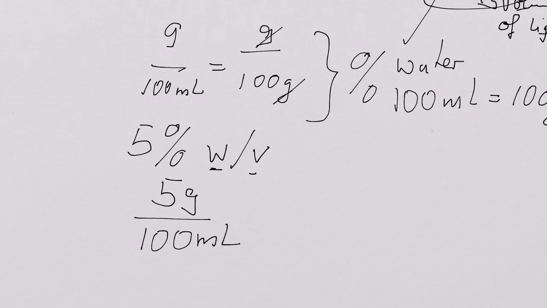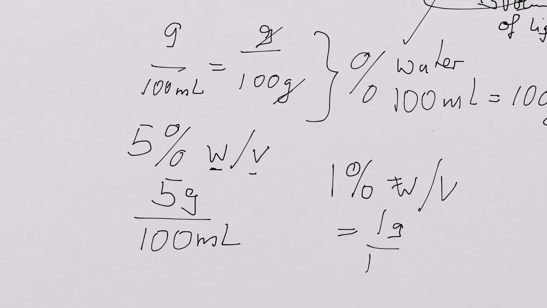Bugger all biochemists, eh? Who came up with something like that. But I want you to remember this: a 1% solution, weight per volume, equals 1 gram per 100 milliliter. Make sense?